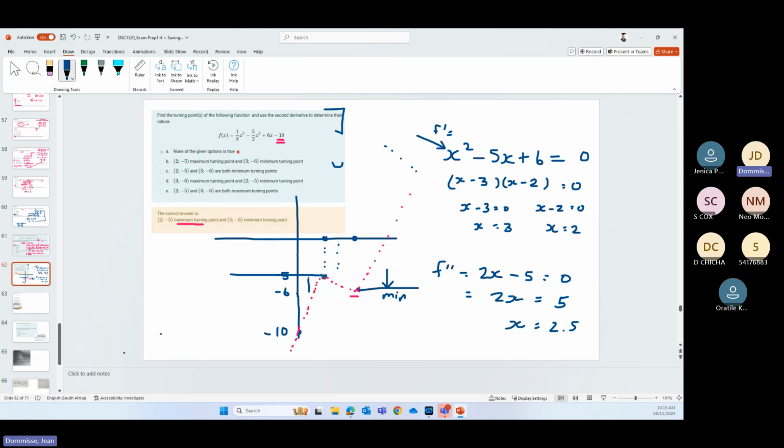So the reason why we do the second derivative is because it shows you that it's in between these 2 points that the second derivative is lying. If it was somewhere outside of that, it means this graph will look different. So that's why we also did that second derivative.